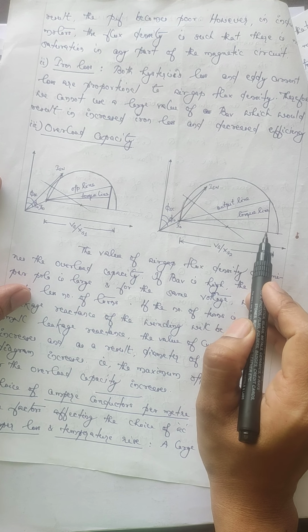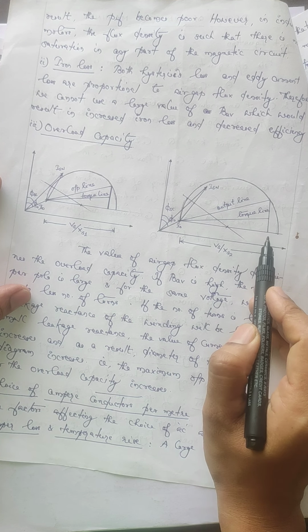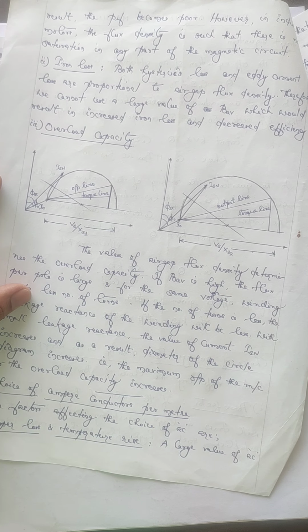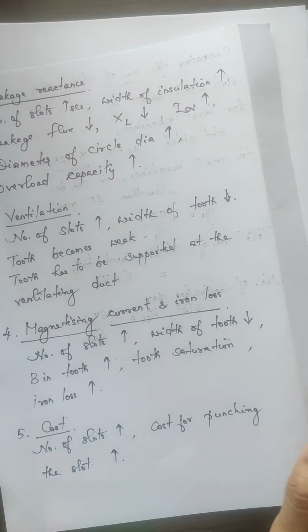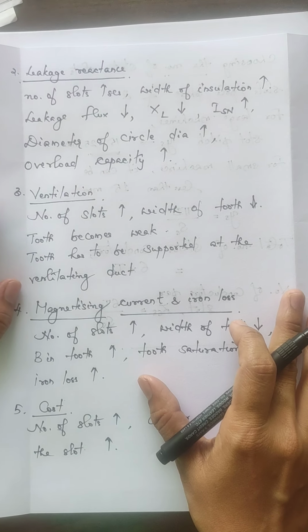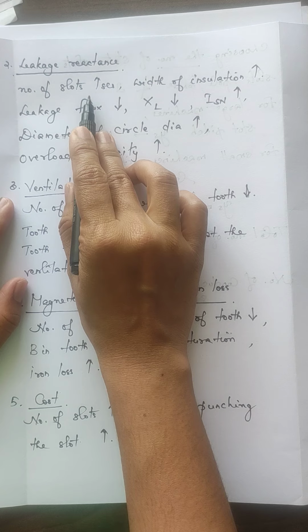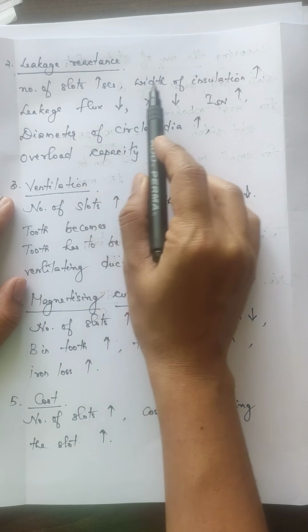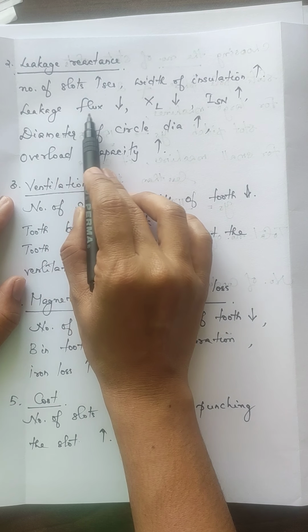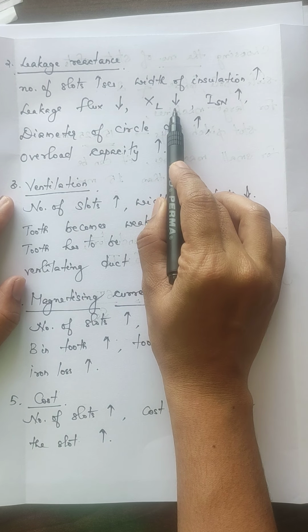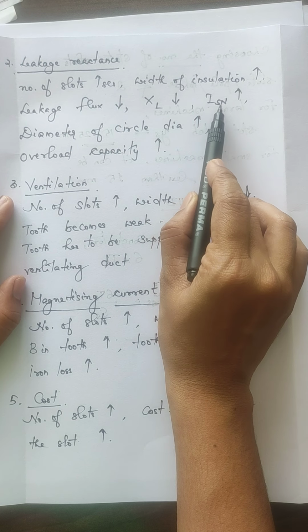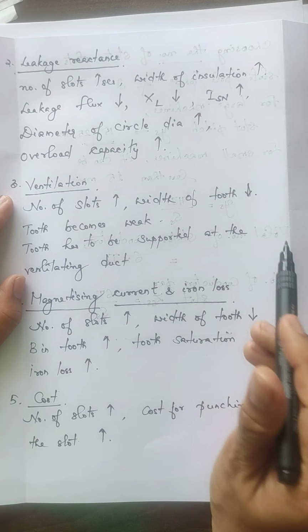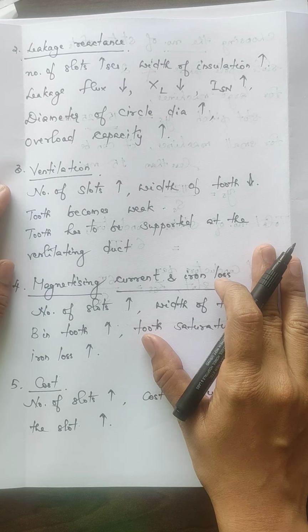Increased diameter means the maximum power output from that machine will increase, which means the overload capacity of the machine increases. So with the use of a larger number of slots, overload capacity increases. More slots means more insulation, leakage flux decreases, leakage reactance decreases. As a result, ISN increases, the diameter of the circle diagram increases, and the overload capacity of the machine increases.